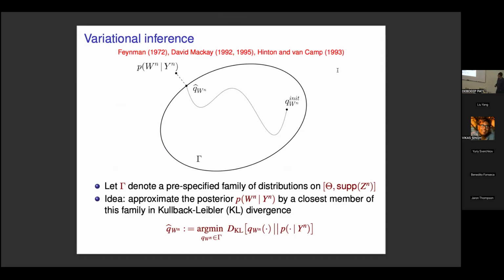So I'll focus primarily on variational inference, which instead of drawing samples from the posterior, aims to approximate the posterior from a tractable class of probability distribution in the sense of Kullback-Leibler divergence.